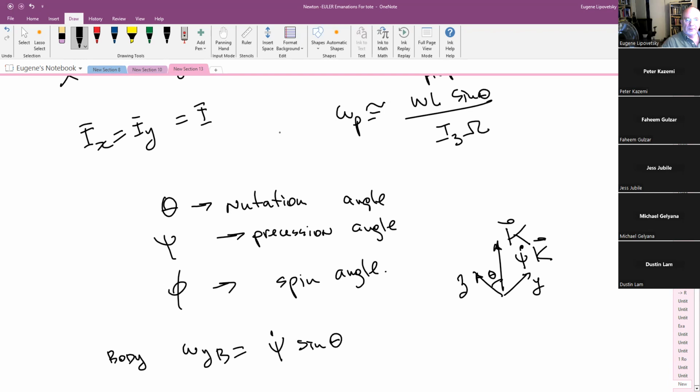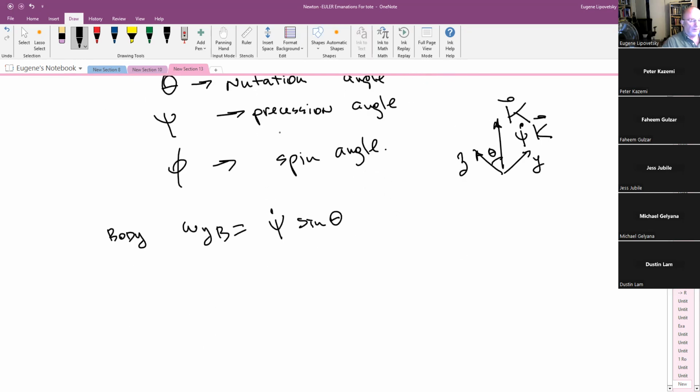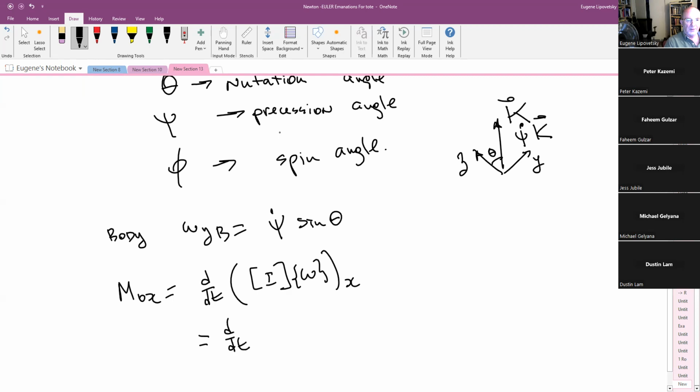And then we write down that the MOX equals to d over dt of I matrix times omega on the x-axis.